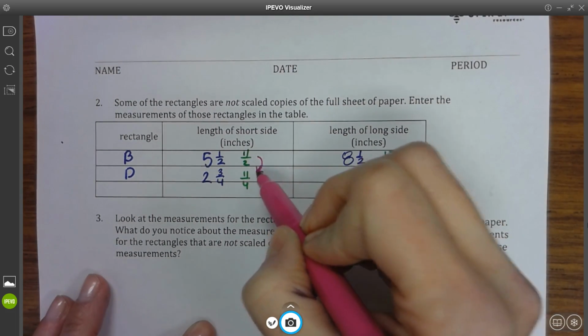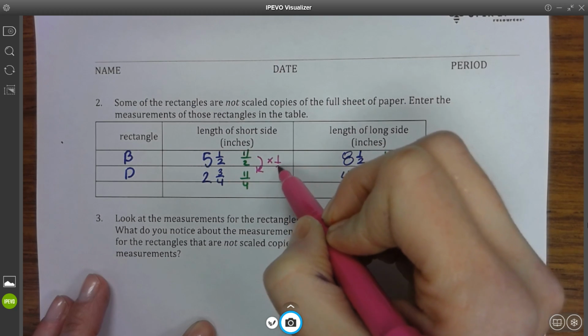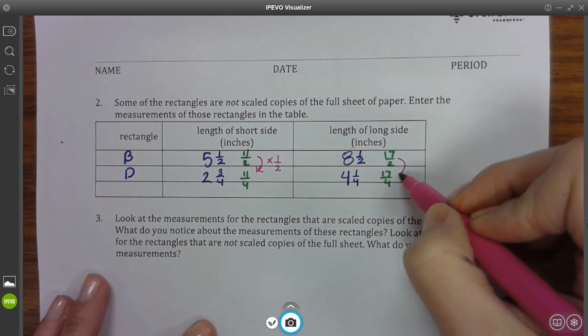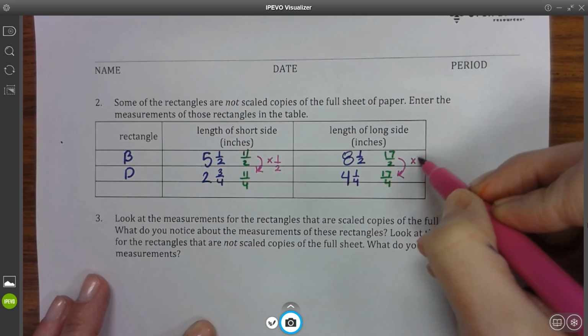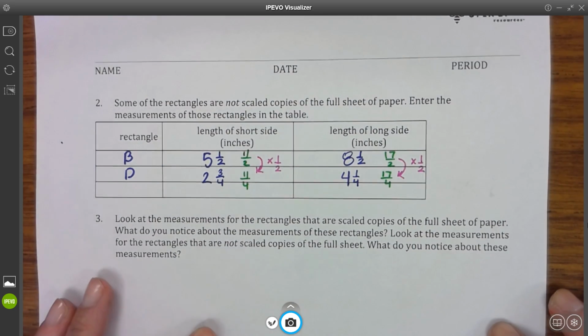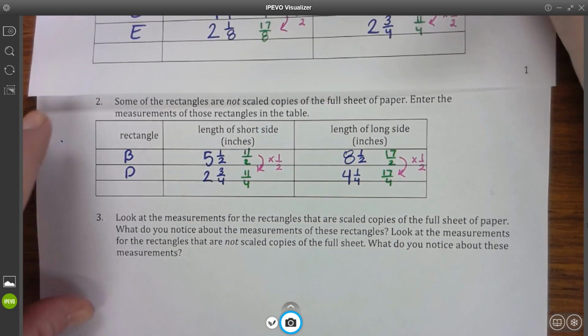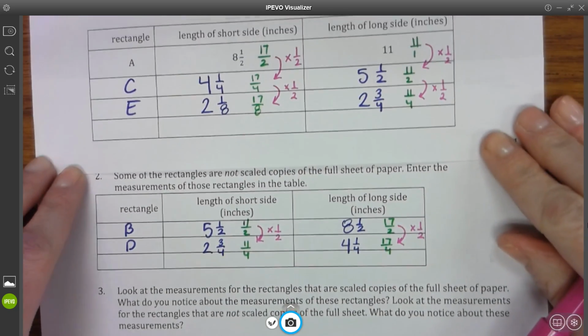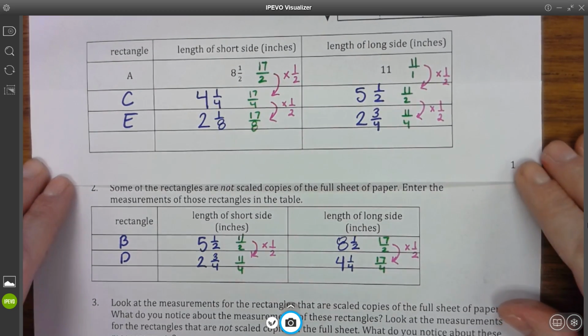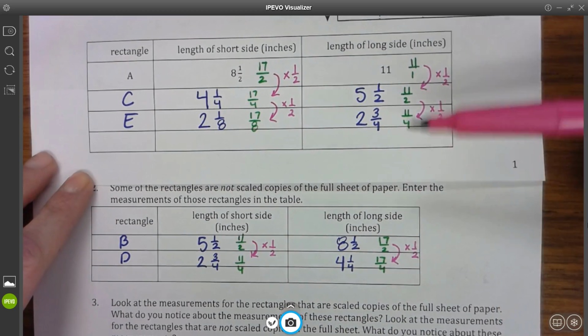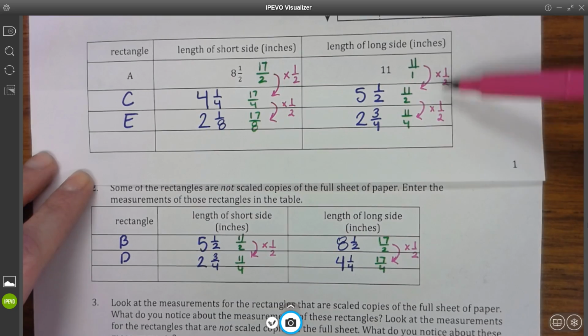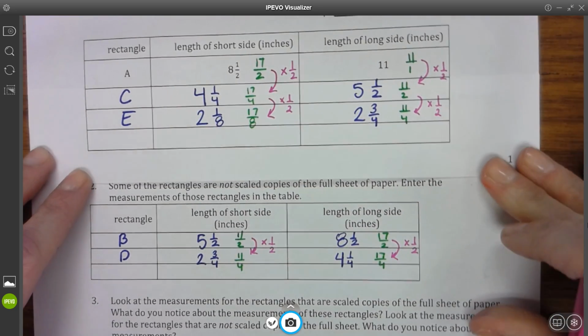And again, multiplying by 1/2. And what's interesting is if we look at the tables together, in each, we're multiplying by 1/2 for everything.